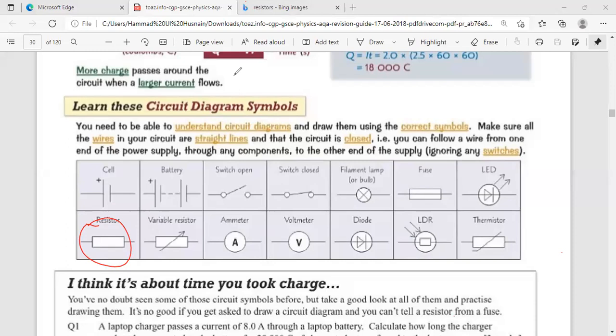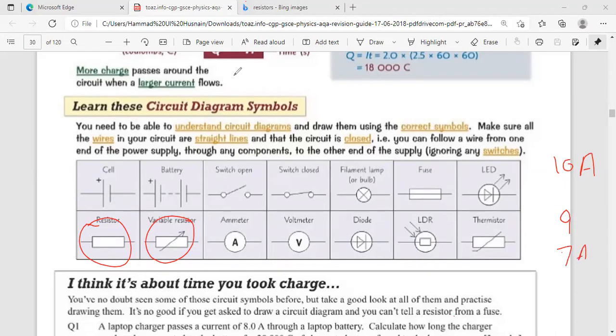Now we have certain types of resistor which have variable values. I'm giving you just an example. Let us say the current flowing through a circuit was 10 ampere. Now we connected this variable resistor in the circuit. At one moment it will decrease the current to 9 ampere. It might decrease the current to 7 ampere.